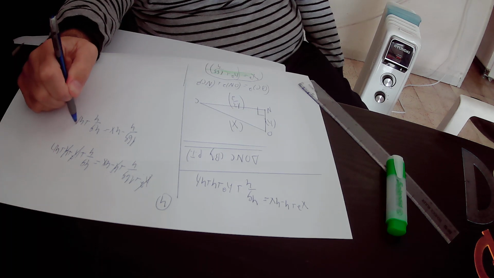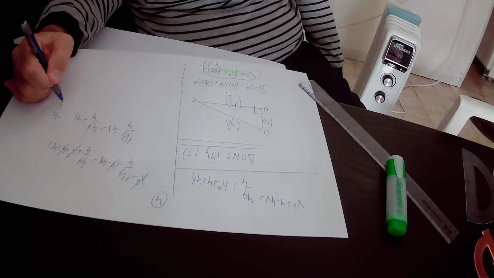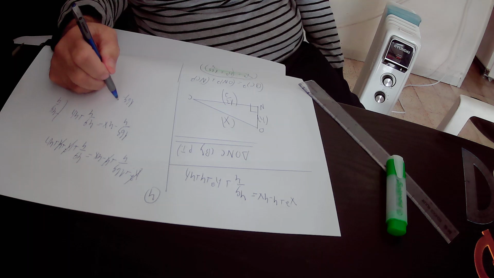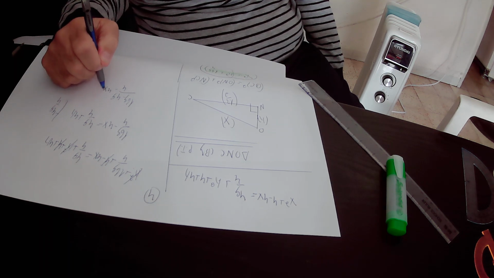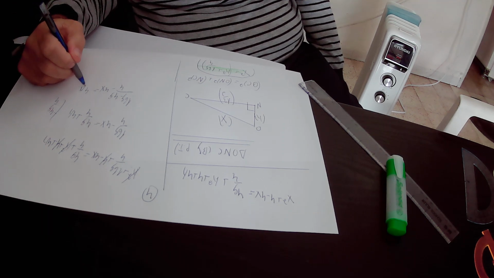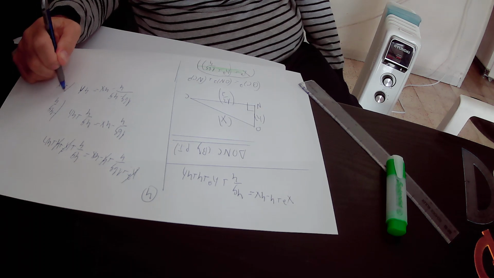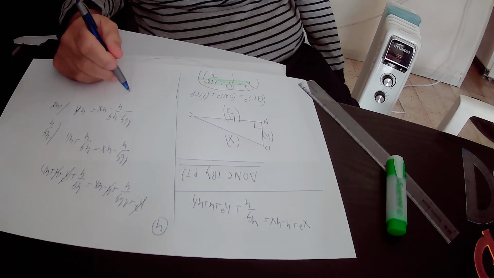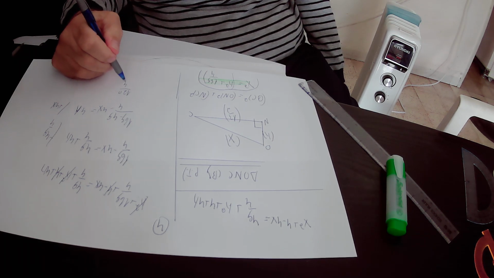Here we subtract 49 over 4 from this equation, and we get that 169 minus 49 over 4 minus 4x equals 4h. Here we'll add 4x to this equation, and we get that 169 minus 49 is 120, so in total this expression equals 120 over 4.